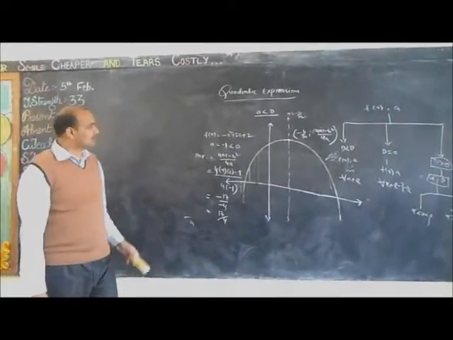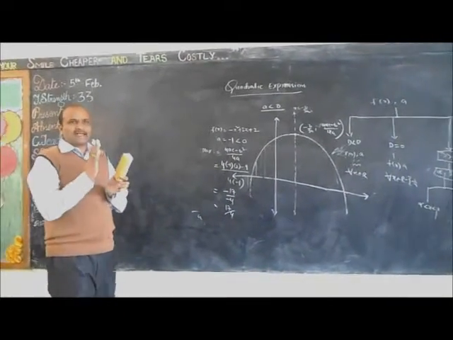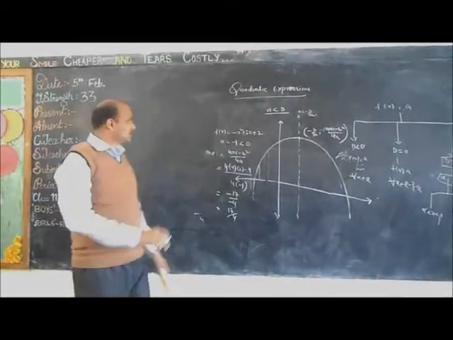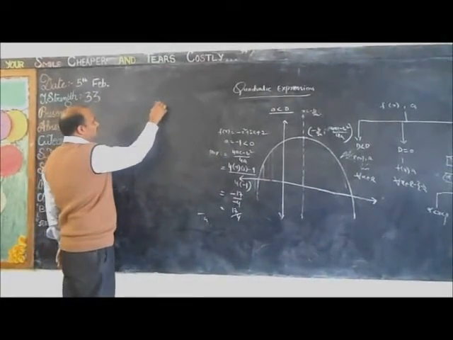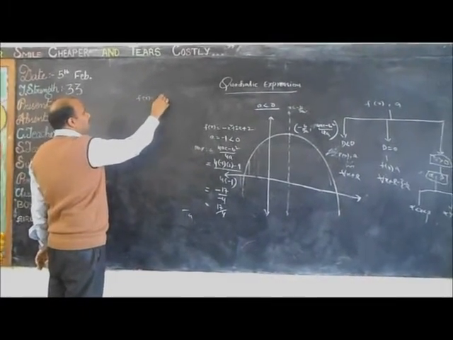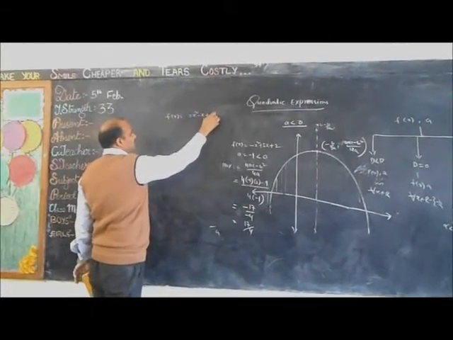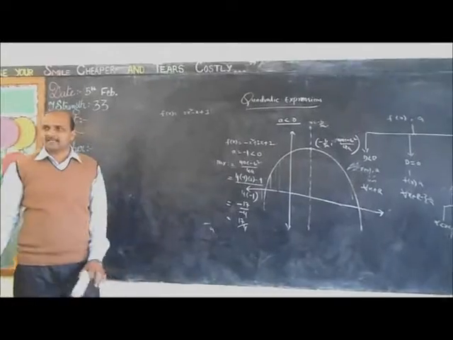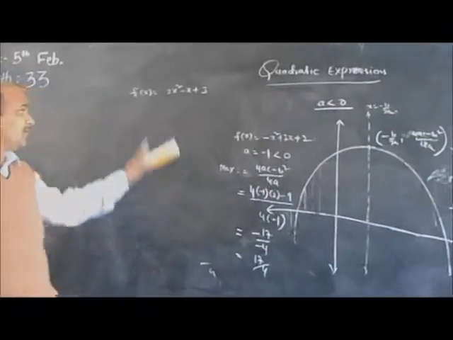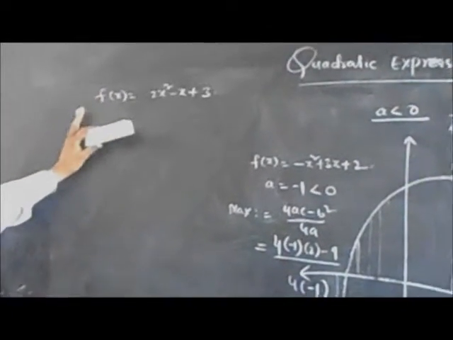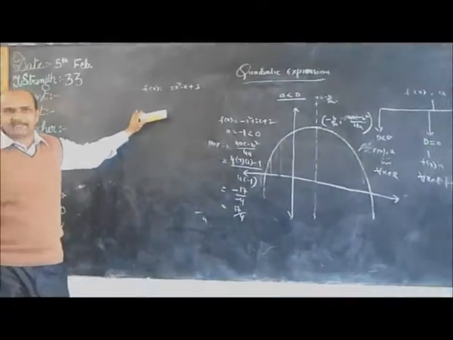Right? So, how to decide the sign of the function? Suppose you take one function f of x is equal to 2x square minus x plus 3. Tell me what is the sign of this function? How to decide the sign of the function? First you find the discriminant.